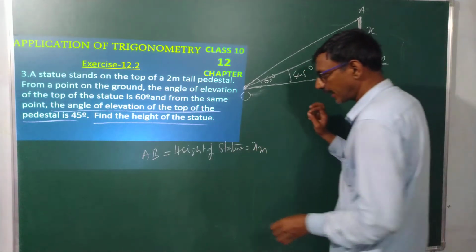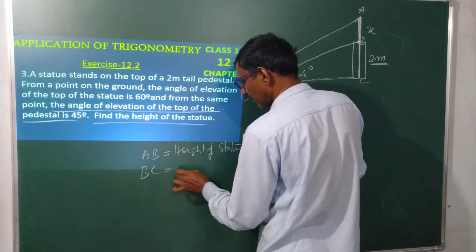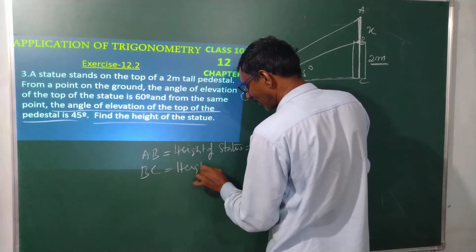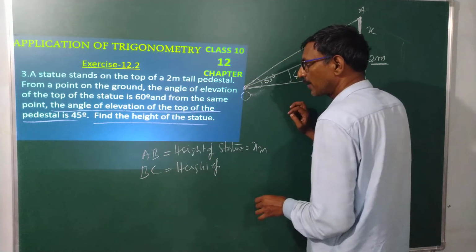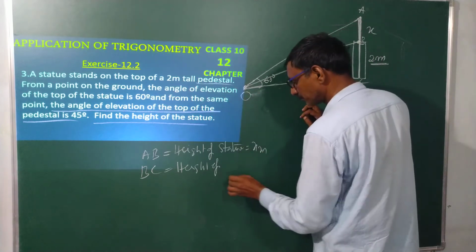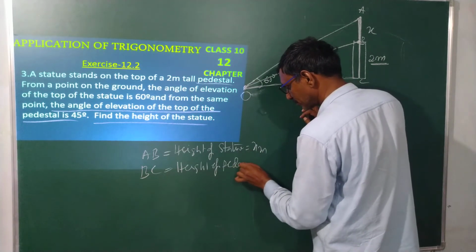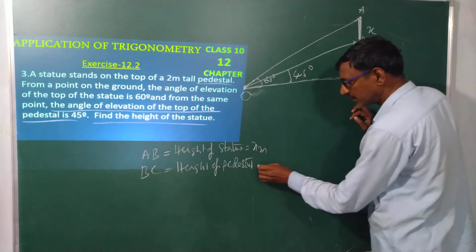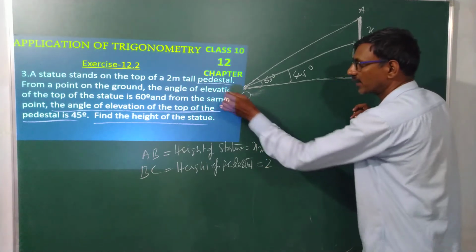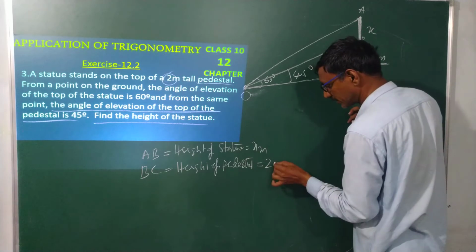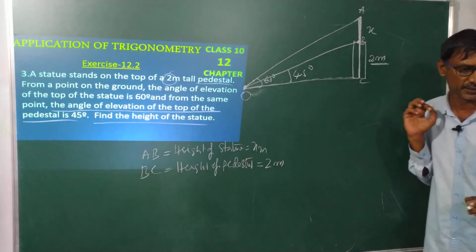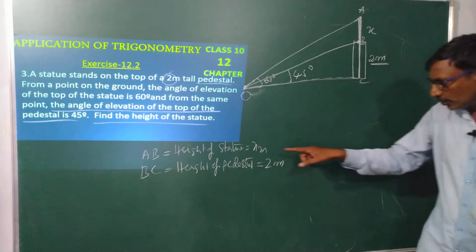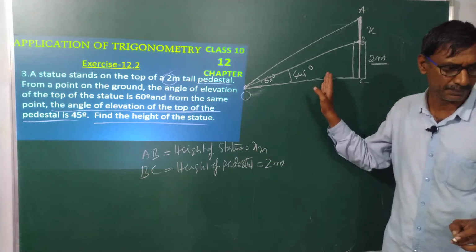And BC is the height of the pedestal, which is given as 2 meters. So we need to find x from this problem.